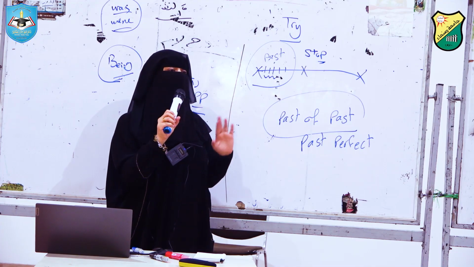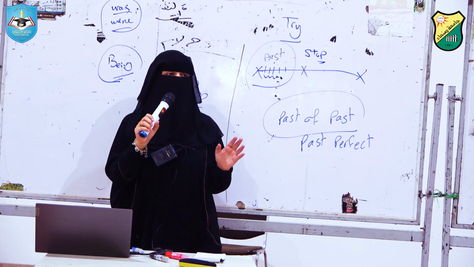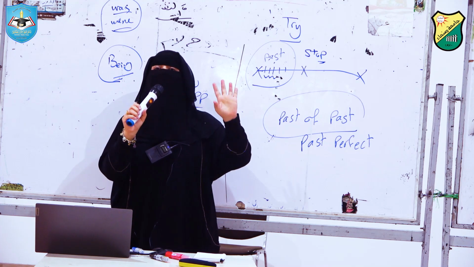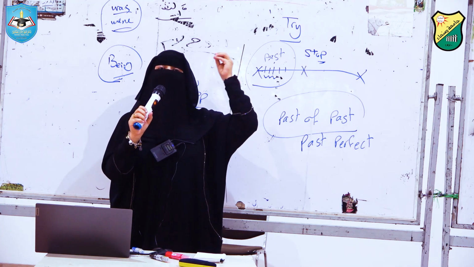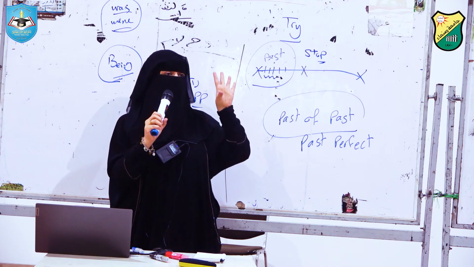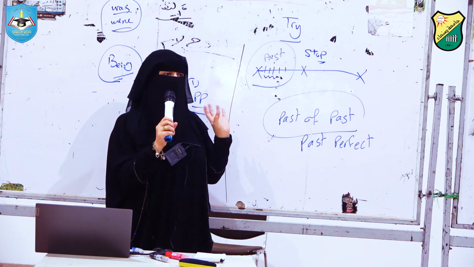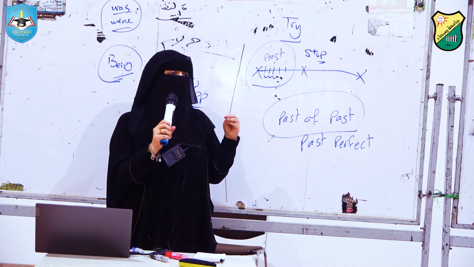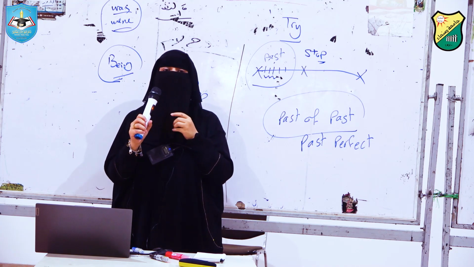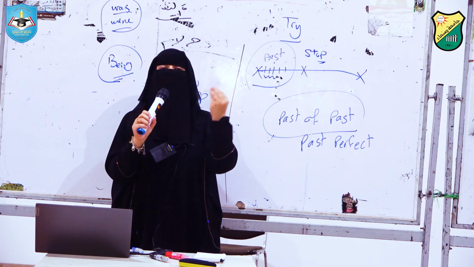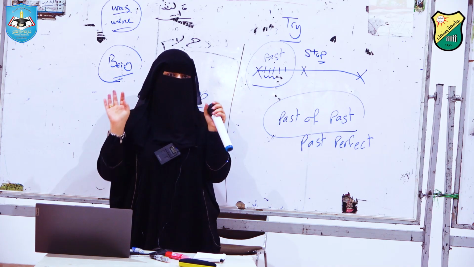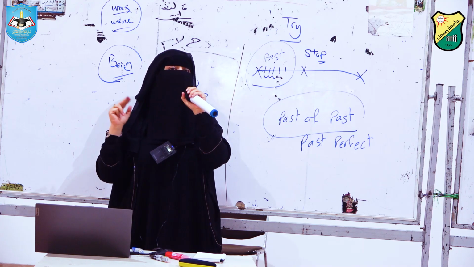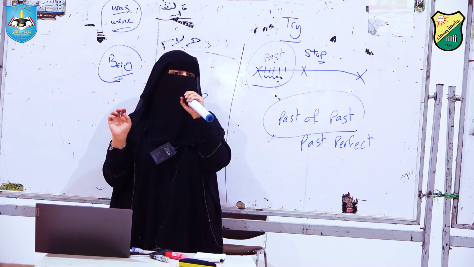You mean we write any? Wait. It's correct to write any for the structure, but the meaning is not going to be correct. Much oil. I cannot say many oil. Now in the exam, the question is about countable or uncountable, much or many.